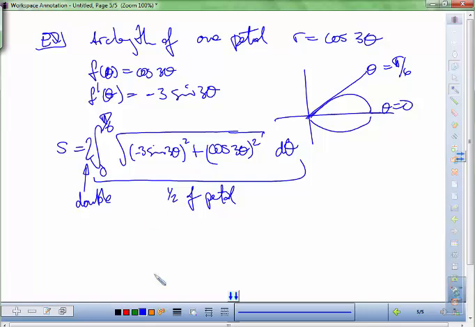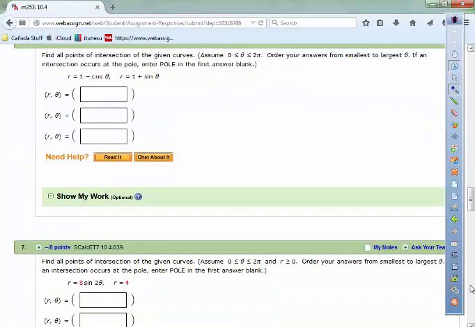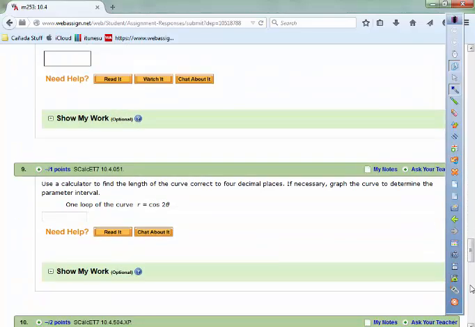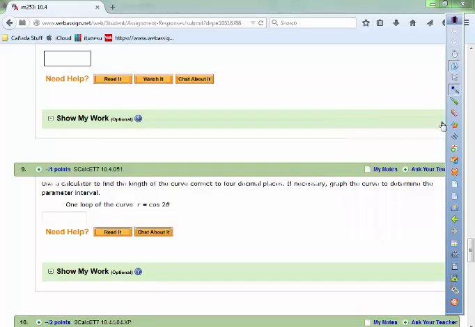All right, let's see the homework set and see if we can do one of these problems here. Length of the curve to 4 decimal places. Let's do this one as another example. This is similar. Let's see. Is it an arc length?